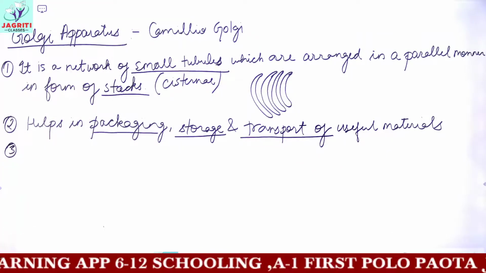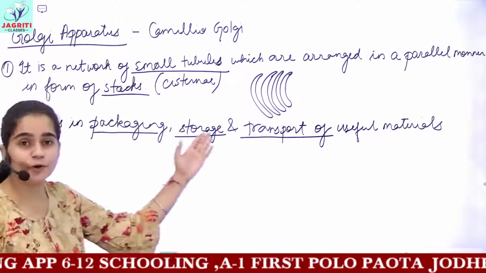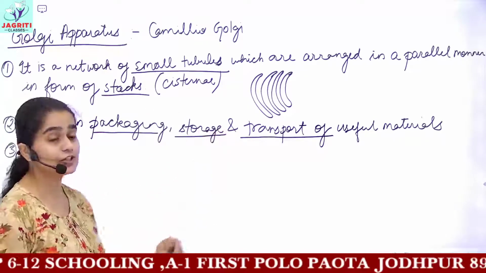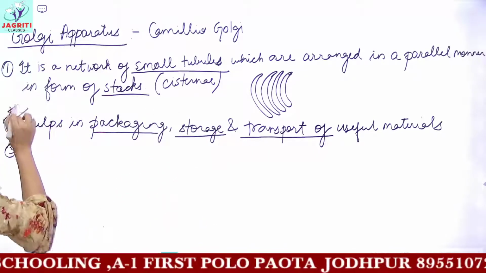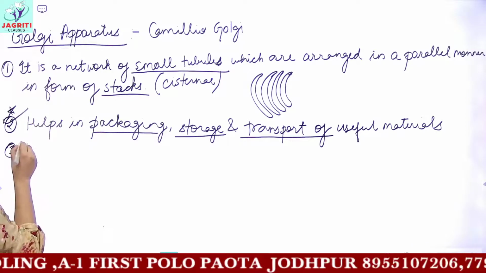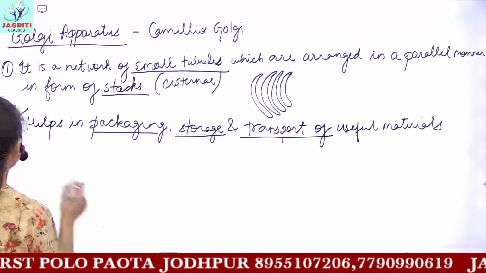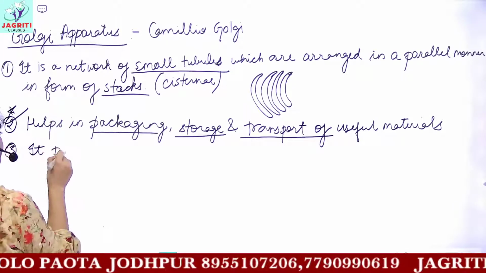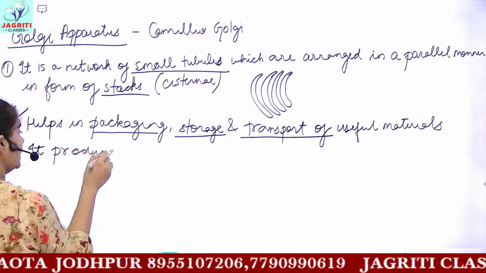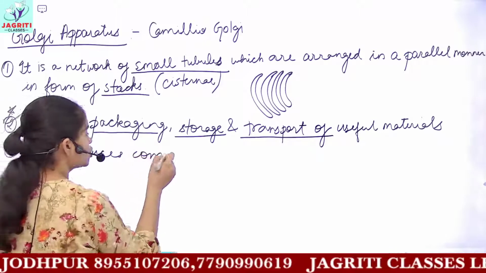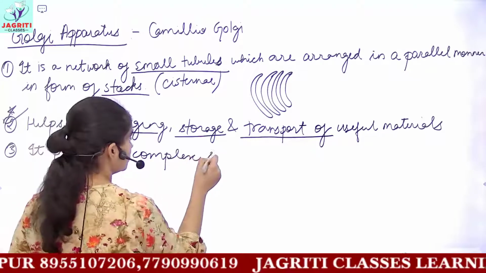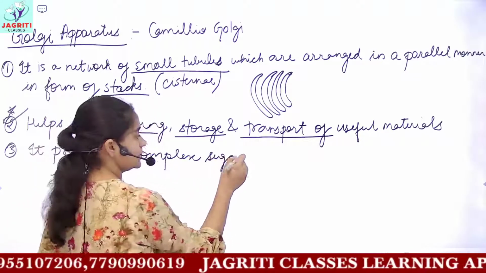Now the next function of the Golgi apparatus, apart from packaging and storage, which was the major function, is that it produces complex sugar molecules from the simple ones.